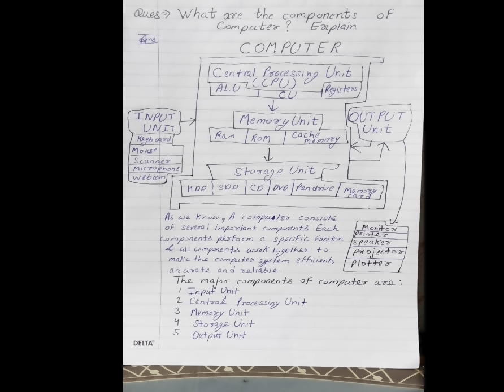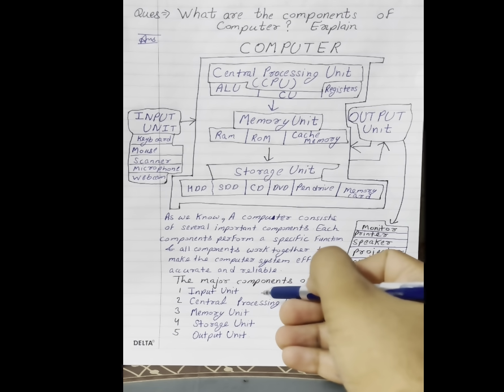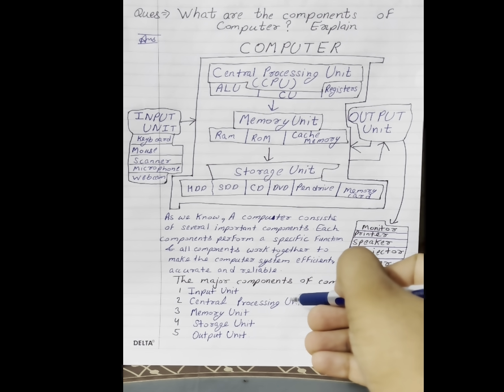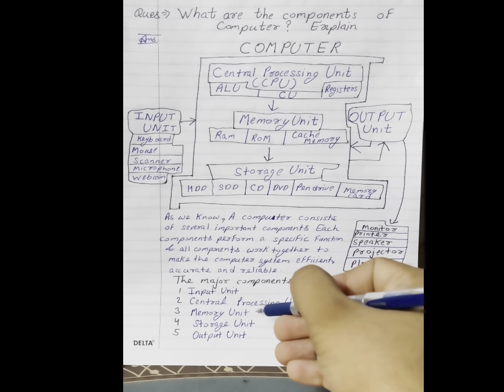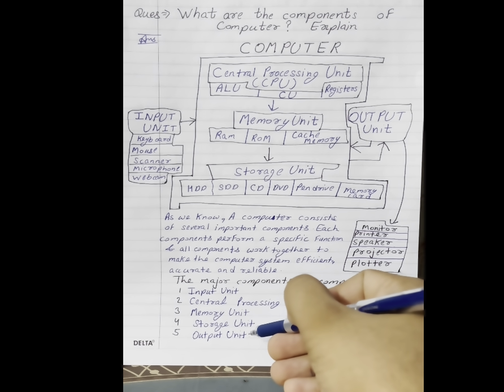If we talk about the components of computer, there are the following major components: input unit, CPU, which stands for central processing unit, memory unit, storage unit, and output unit.